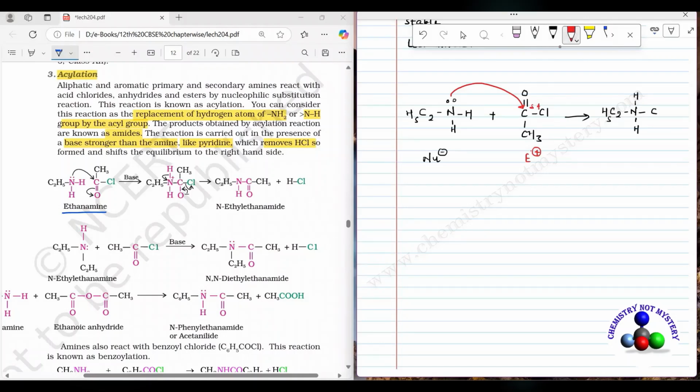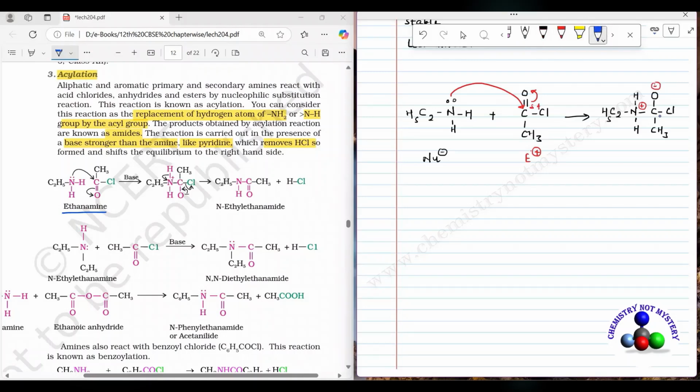To make bond with the nitrogen, this pi bond move to oxygen. So here you will get oxygen. Now this oxygen will develop negative charge. And the nitrogen, as it is donated lone pair to carbon, this nitrogen will develop positive charge. Here it is bonded with CH3 and on this side it is bonded with Cl.